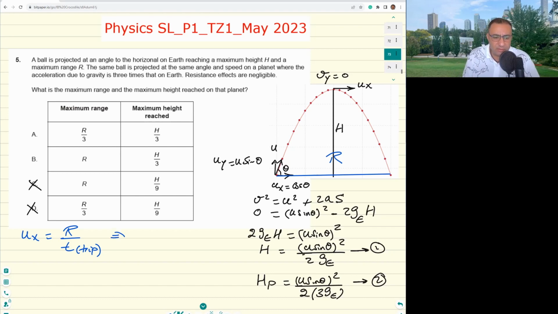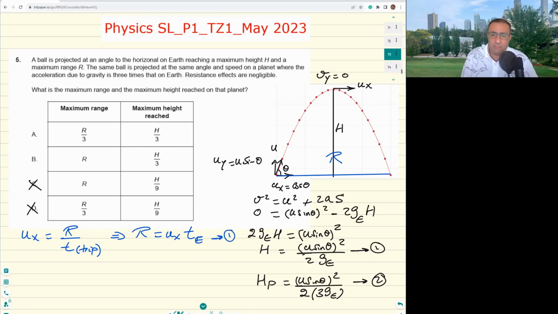So we can say the range on Earth is ux times the time, let's say T sub E, the time of the trip on Earth. Let's call this equation 1.